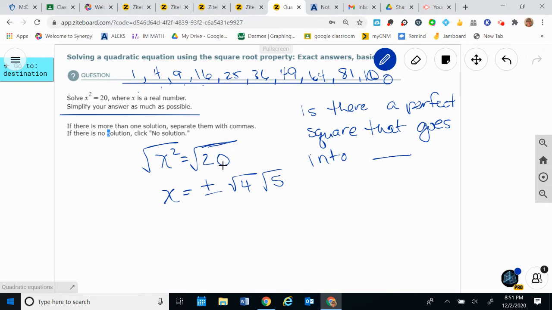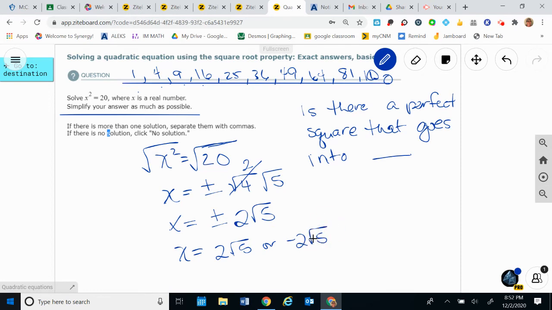You don't take it out of the radical. You leave it underneath the radical. We already did the radical chapter, so you know how they multiply. Then the square root of 4 is 2. So the answer is simply plus or minus 2 root 5. I believe Alex will have you write it like this.